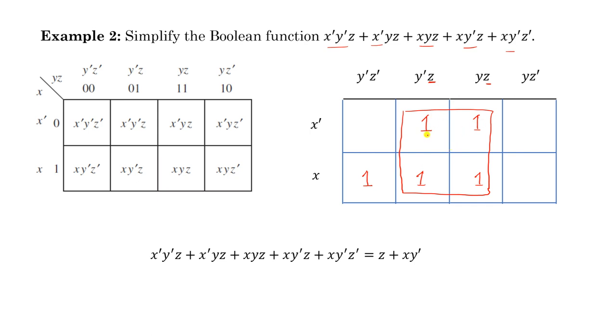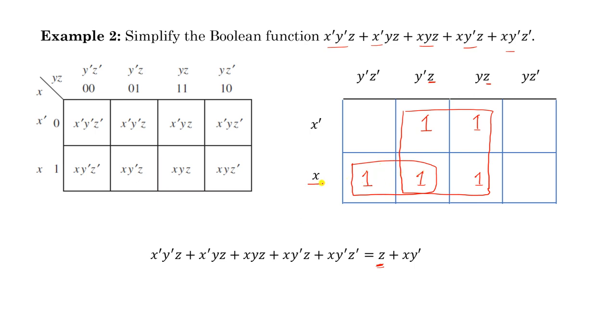So this will give you the reduced term equivalent to z. Now for this we have to form a block like this, and look at this. This is a 1 by 2 block. This will give you a term with two literals, and which are the literals same in these two squares.